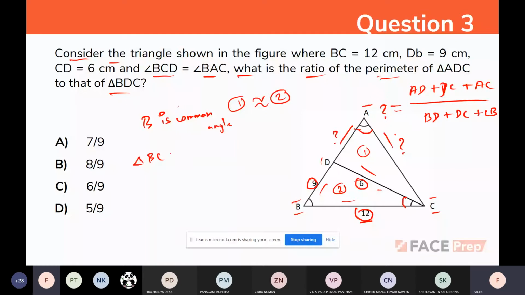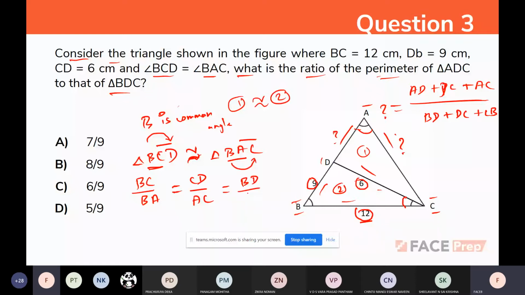If two triangles are similar, we can write the sides like this: BC divided by BA equals CD divided by AC, and then BD divided by BC. So for similar triangles, we can write the sides like this. This is the rule, this is the method.